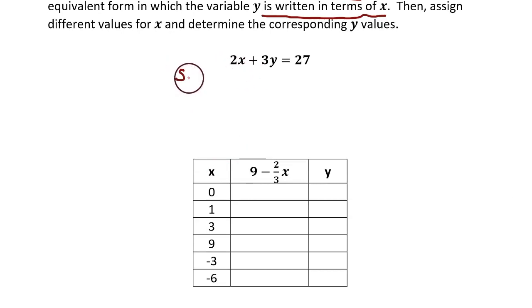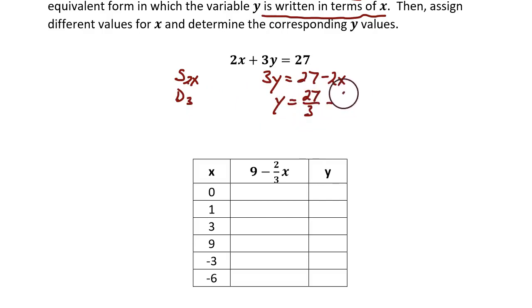First step, subtract 2x. That creates 3y equals 27 minus 2x. Next step, divide by 3. That creates y equals 27 divided by 3 minus 2x divided by 3. 27 divided by 3 is 9, and 2x divided by 3 is 2/3 x if you put the numbers in front of the variable.